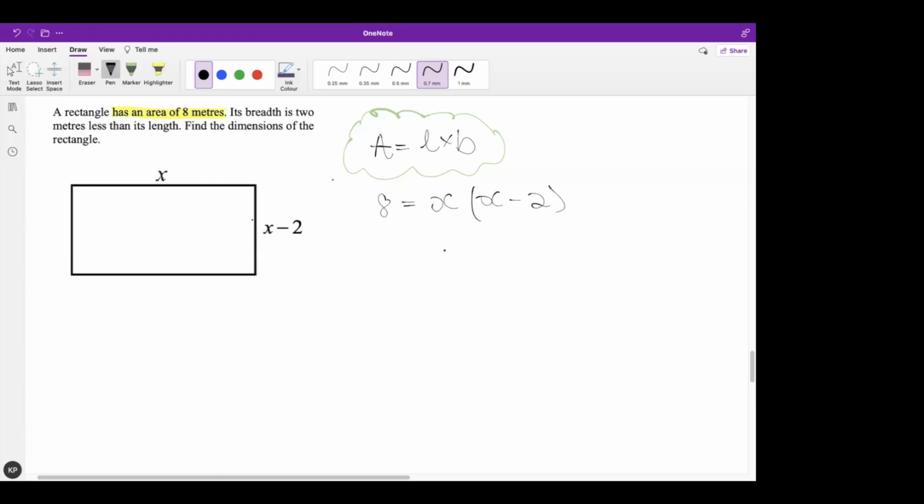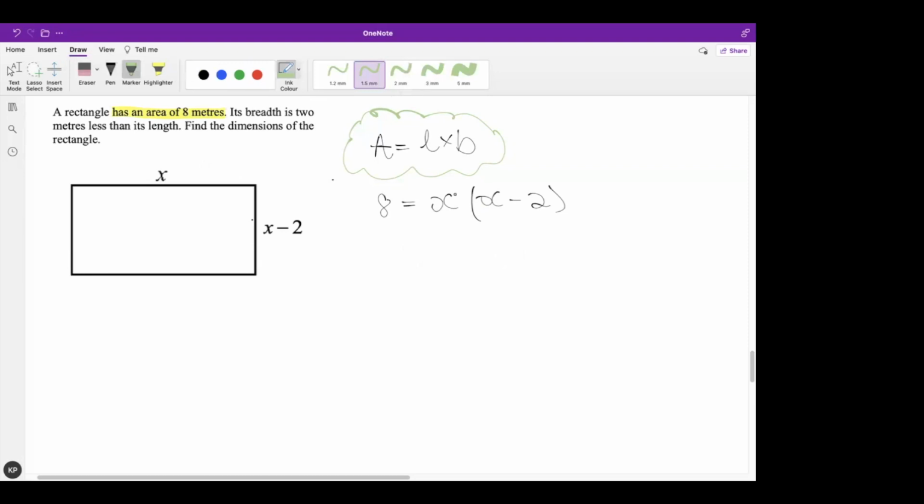Otherwise, what happens if you don't put it in brackets? You forget to distribute. Do you see that? If you don't put it in brackets, you're going to end up with x times x minus 2. Then you're going to say x squared minus 2, which is wrong. You need to distribute. Now let's see.